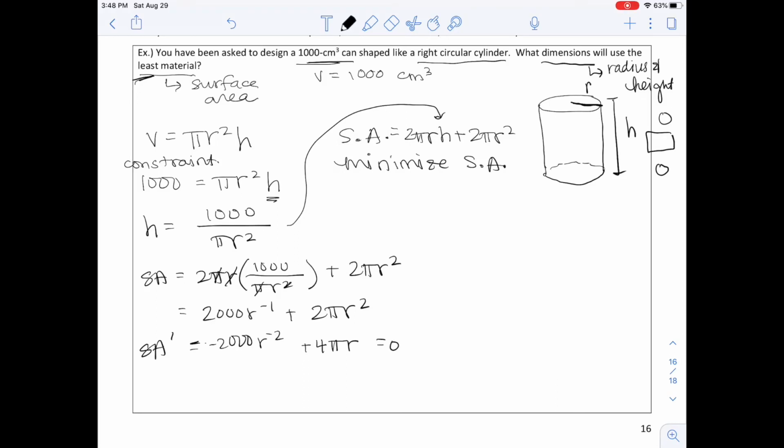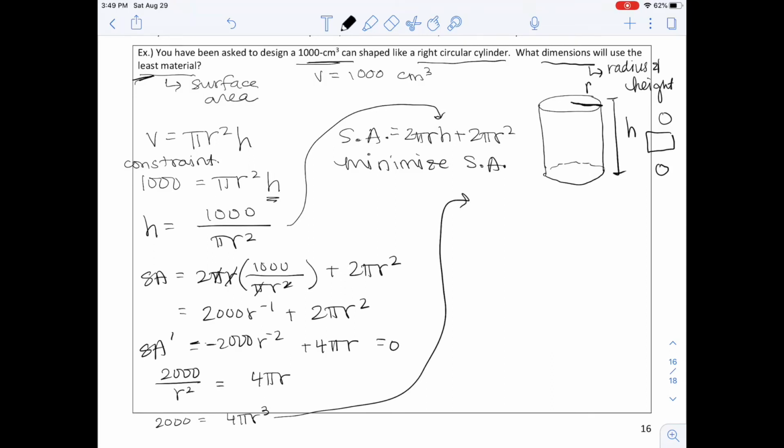When I do that, I'm going to move the negative 2,000 over r squared to the other side, and we get 2,000 over r squared is equal to 4 pi r. And then I'd multiply both sides by r squared. We'll do that first. So we have 2,000 equals 4 pi r cubed.